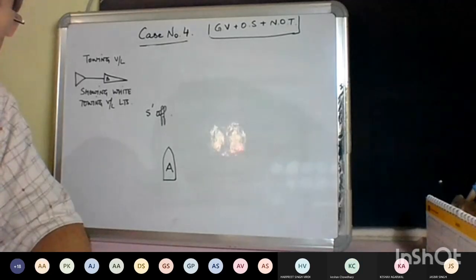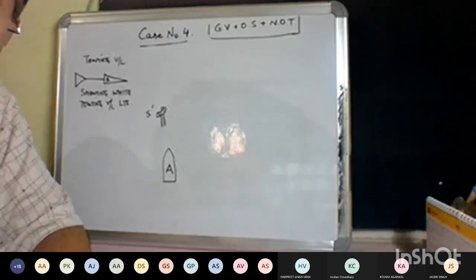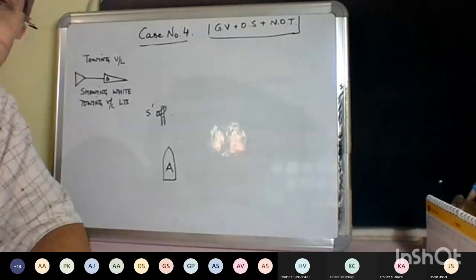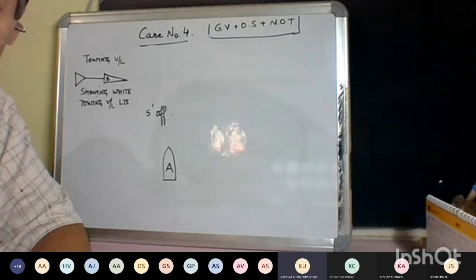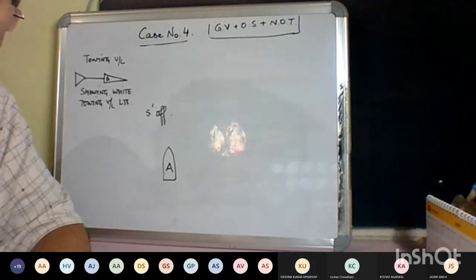Sir, alter course to starboard, rule 18. Okay. Krishna Upadhyay. Yes, sir. What will be your action? Sir, alter to starboard, rule 18. Okay. Mudit Sood.